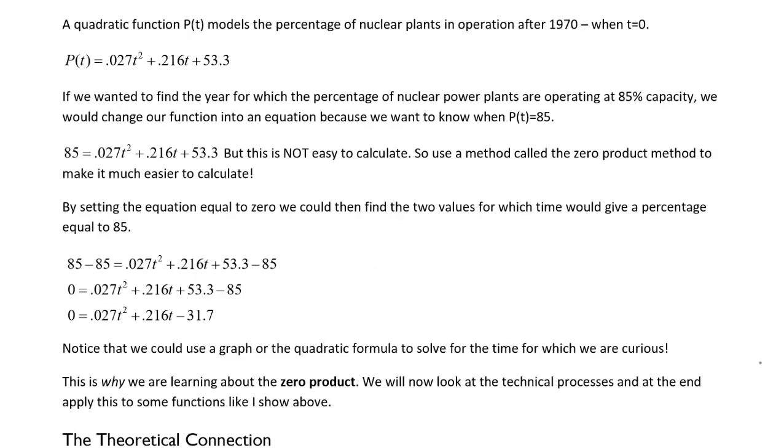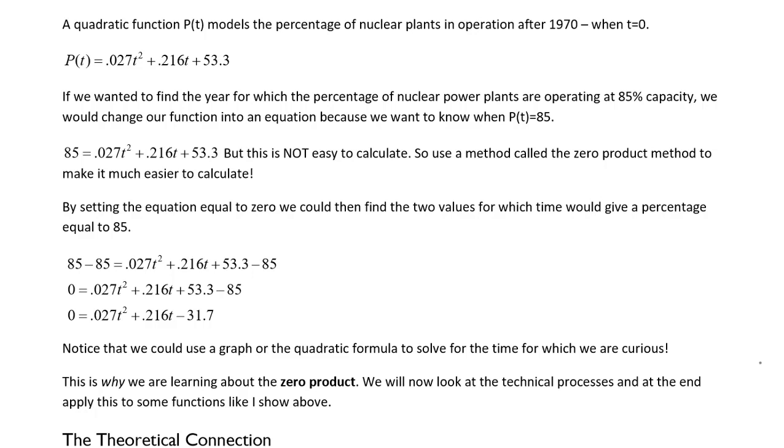If we wanted to find the year for which the percentage of nuclear power plants were operating at 85% capacity, we would change our function into an equation because we want to know when P of t equals 85. So we would set our function P of t equal to 85, but this is not easy to calculate.